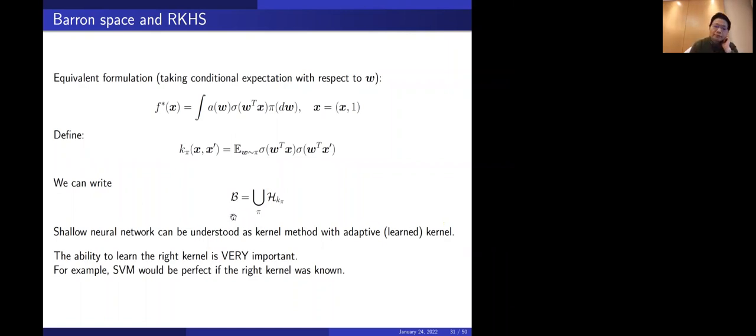So first of all, this space is bigger than this. And you see that a 2-layer neural network is pretty much like a random feature model, except that the feature function itself is learned. So it's sort of an adaptive random feature model with adaptive kernel. And that ability to choose the right kernel is very important. That's the difference between neural network models and random feature models.